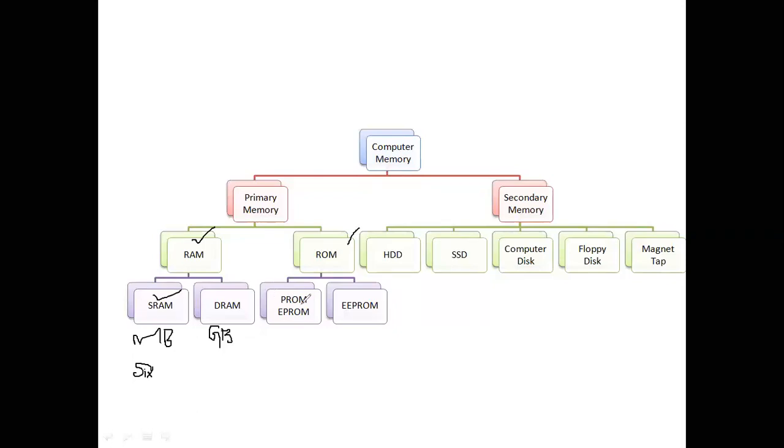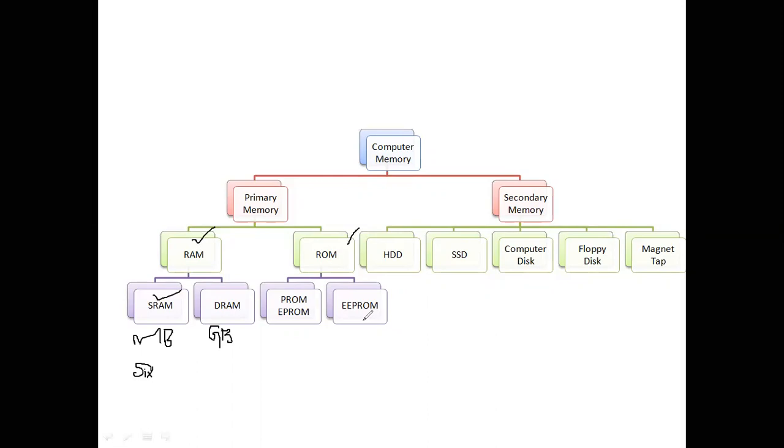When manufacturing is happening, it will be empty, and after that the programming will be done. Moving on to EPROM, it is erasable programmable read-only memory, where the chip can be removed and exposed to UV light before burning. Burning means copying all the contents of programs to the EPROM.